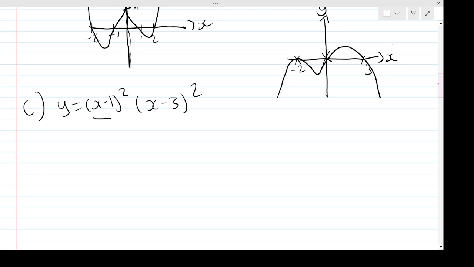Again, we're going to look at the powers of x in each bracket. These are both squared. What I realise is if I square this, it's just going to be x times x, right? So it'd be x squared from this bracket. Likewise, we're going to get x squared here, because if we repeated the bracket again, x times x would be x squared. So x squared times x squared would be x to the 4.